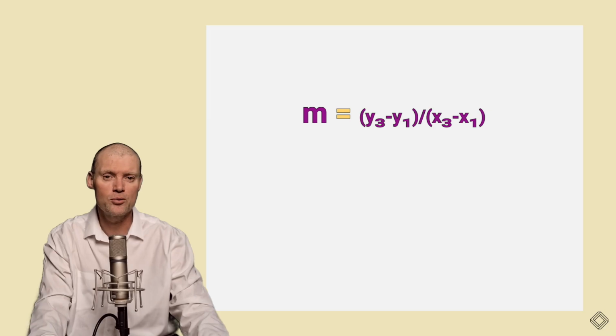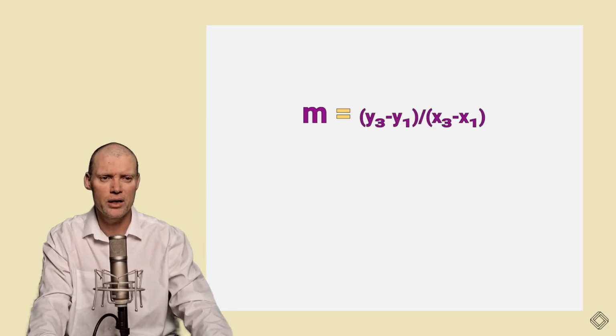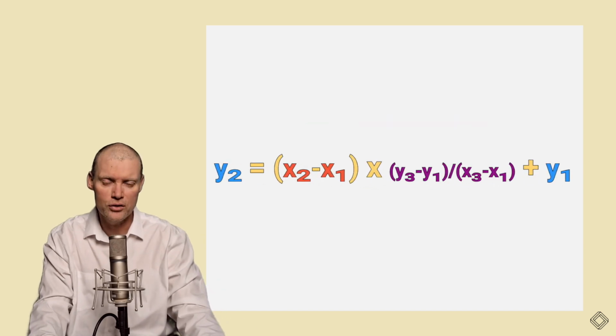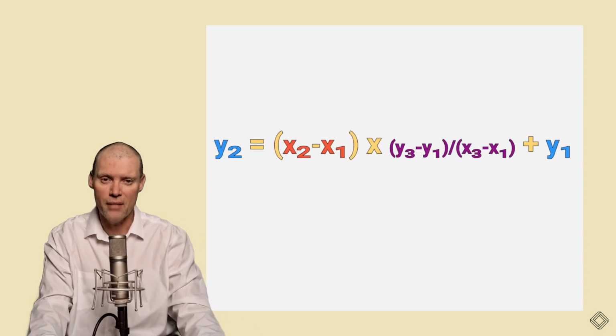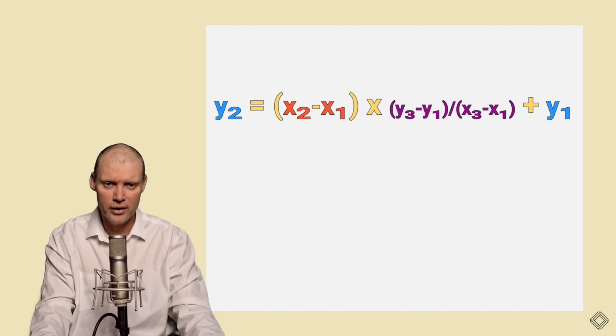So what we do next is we plug that purple equation into this general equation itself, and we end up with y2 is equal to x2 minus x1 times y3 minus y1 over x3 minus x1, all of that plus y1. That is the general equation we need to solve this in one step.